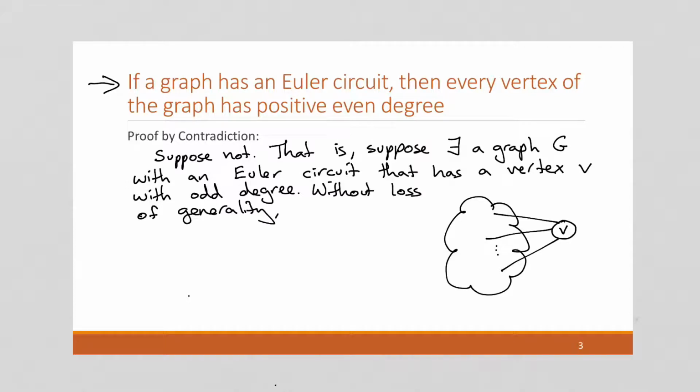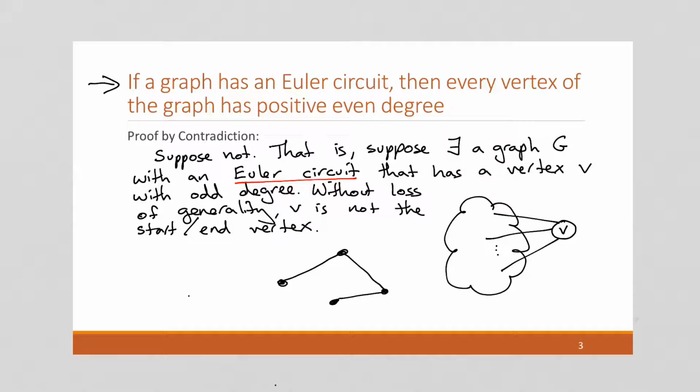An important thing to note here is that, without loss of generality, V is not going to be the start or end vertex. And we can say that because if a graph has an Euler circuit, and that's what we're supposing, then if this is V right there and I normally want to start at V, I'm just going to move over and start at this one instead.